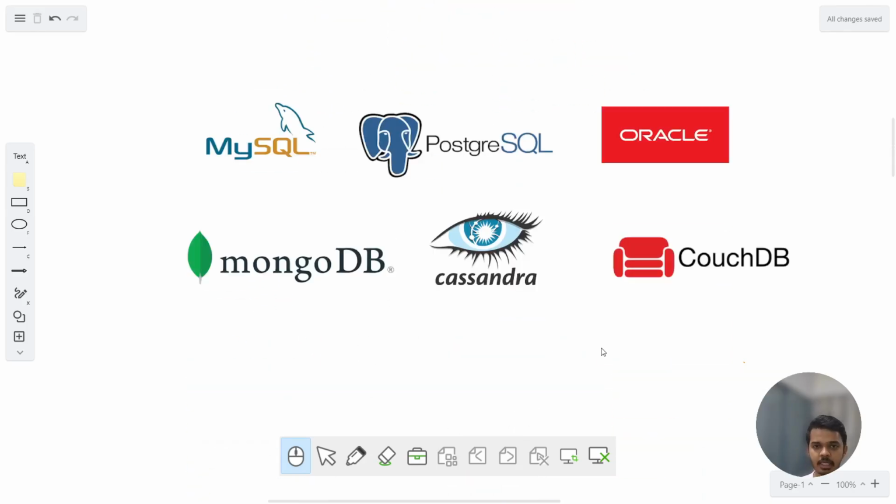Now there are multiple databases available in the market. Can you use any database for any kind of application? Roughly speaking, yes, you can use any kind of database. What will happen if you use any kind of database? Will the functional features be affected?